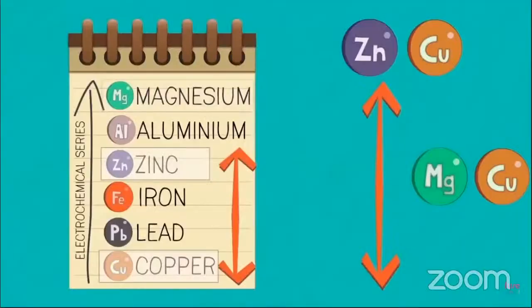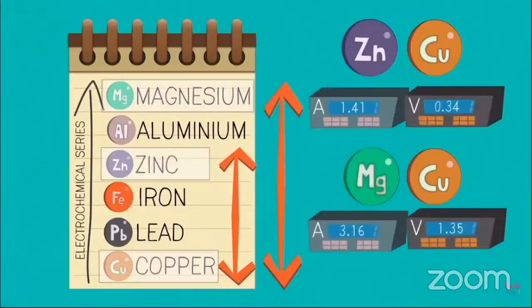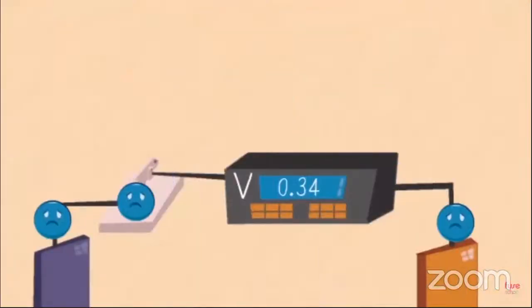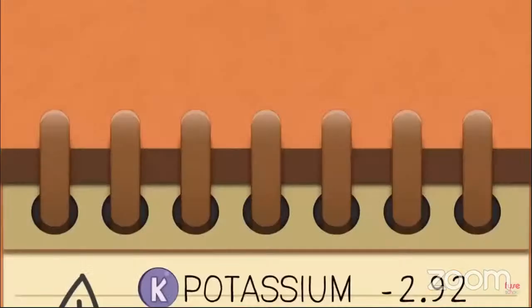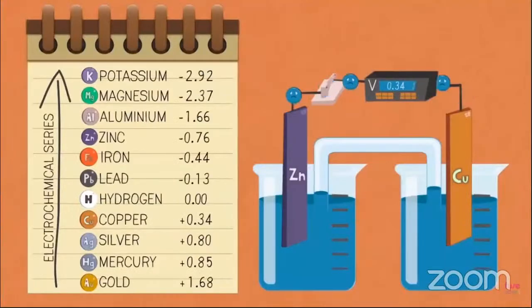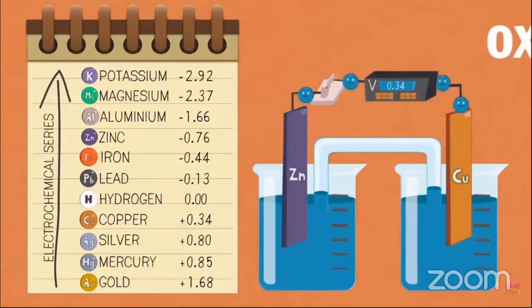The further apart the metals are in the electrochemical series, the higher the voltage produced across the cell. Electrons flow along the wire from the metal higher in the electrochemical series to the metal lower down. The electrode potentials are arranged in the substance's ability to donate its electrons, that is, how easily they are oxidized. All of the values are measured in volts.